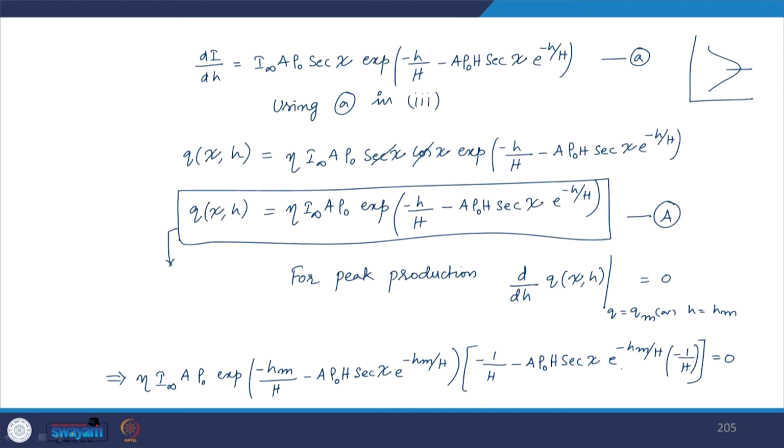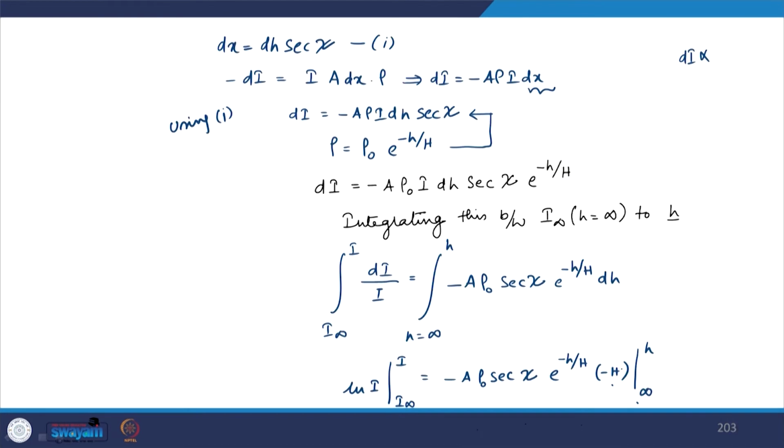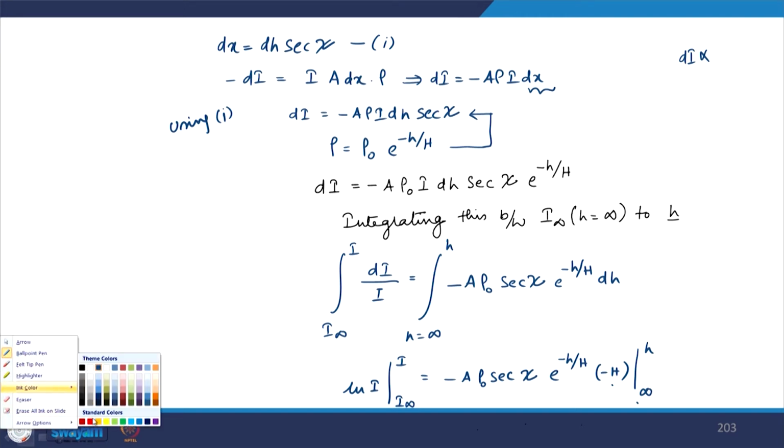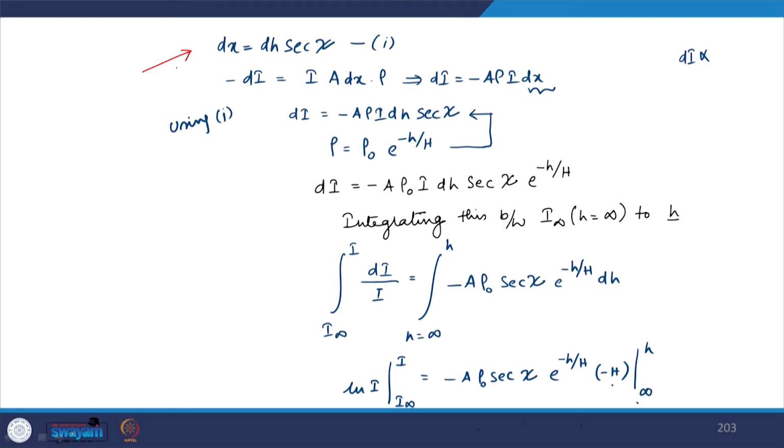So if you look back, what we have done so far is we have taken this expression, which is just the relation between angle and the length coordinate in oblique as well as in vertical direction. Then we have taken how the intensity drops as it travels. It drops because we have a minus, since the intensity decreases with respect to height as you travel from the top to the bottom, right.